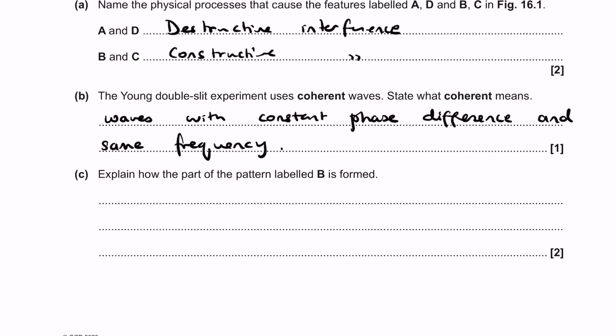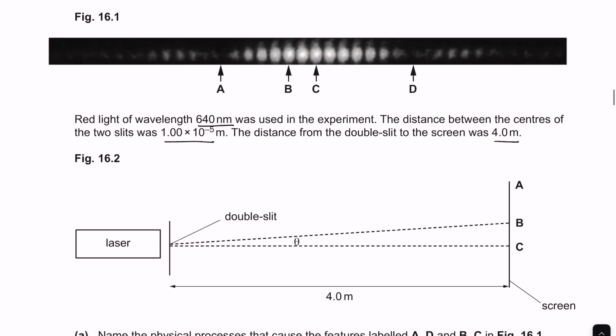Part C says, explain how the part of the pattern labeled B is formed. So B is right here. We've got our central maximum, which is at 0 phase difference, and you have 1 and 2. So basically, you can explain this using 2 ways, either phase difference or path difference.